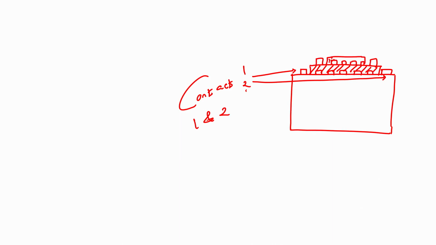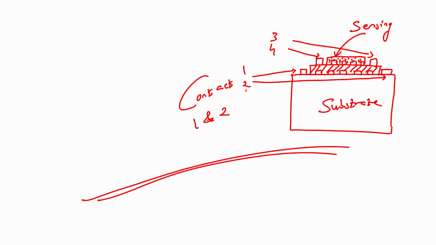So, this one would be our sensing layer, and these would be our 3 and 4, the electrodes. This is our substrate. All right. So, I want to design a process flow to fabricate this particular sensor.